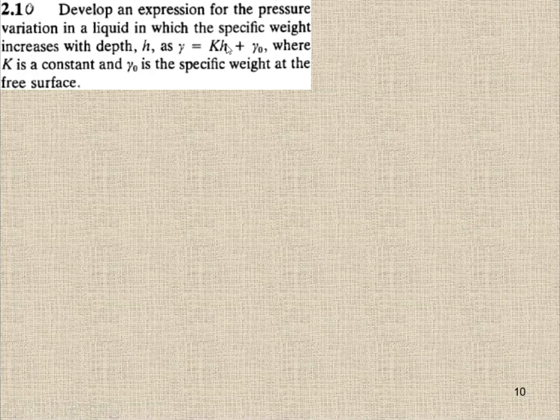This variation of specific weight follows an equation, gamma is equal to kh plus gamma naught, where k is a constant and gamma naught is the specific weight at the free surface. Free surface is a surface where there is no shear stress, only a normal stress or normal pressure acting on it, and that pressure is basically atmospheric pressure.